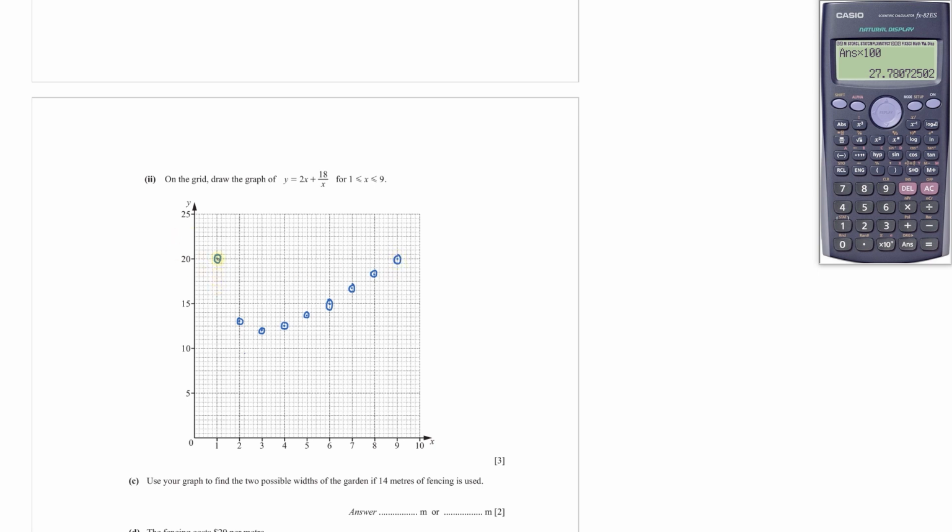So now we can draw the curve for this. So this will be your curve for this graph for x values between 1 and 9.